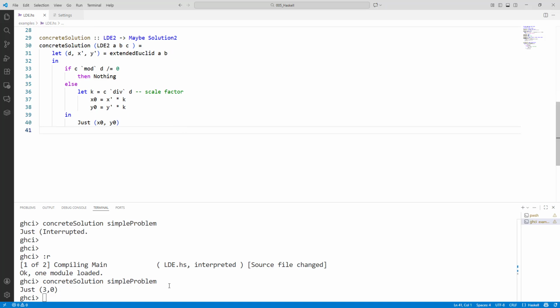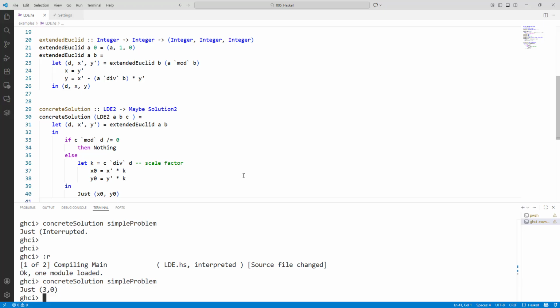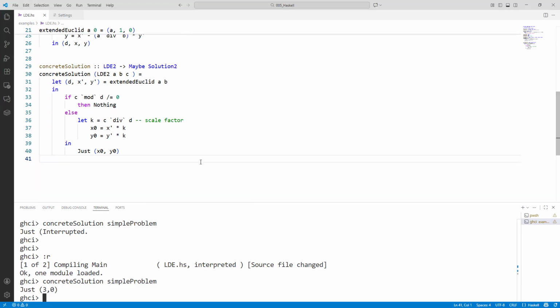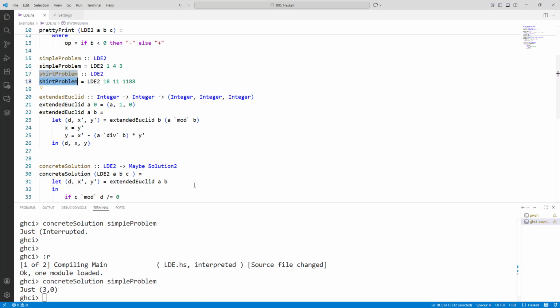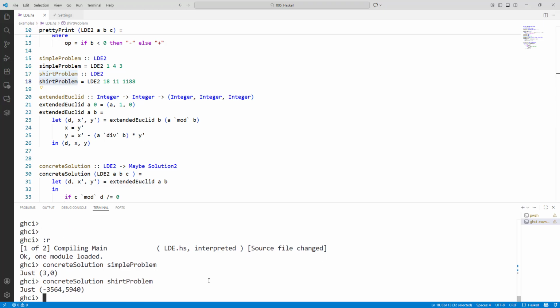What about the other one, the t-shirts? So we had 18 of the one plus 11 of the other equaling 1188. And it was described here. Let's give it a try. Concrete solution and short problem. Well, yeah, this was a bit unexpected, but I guess it works.